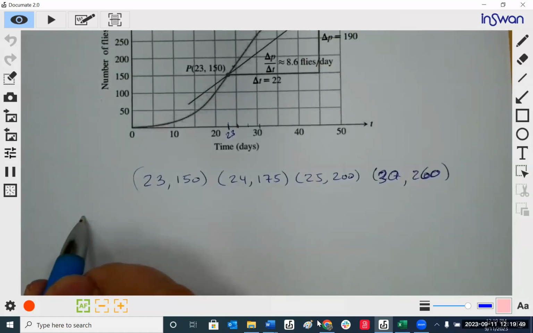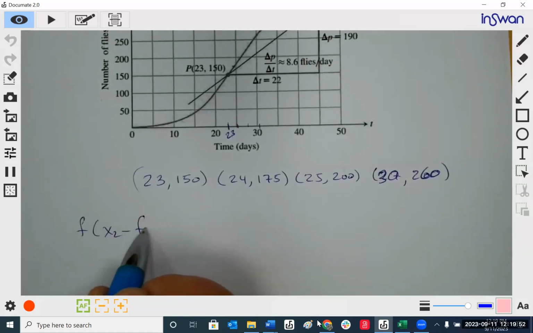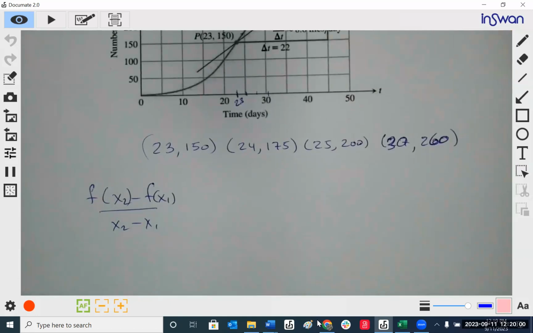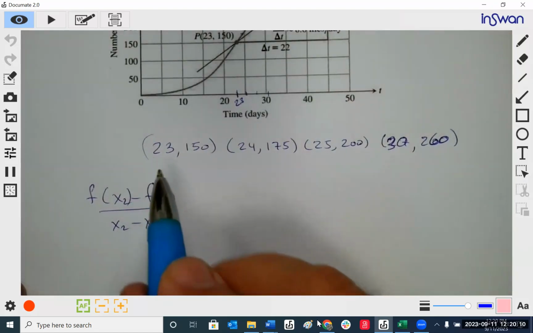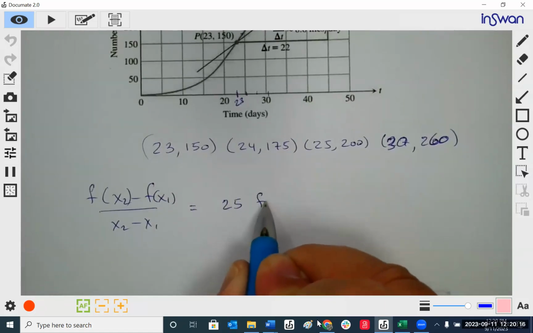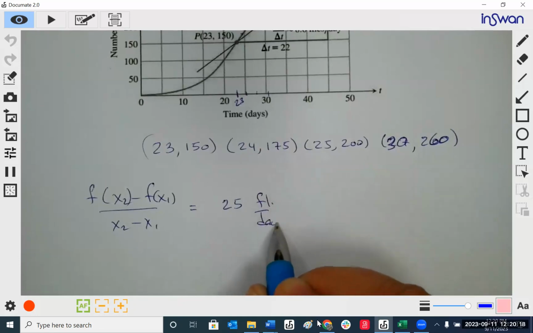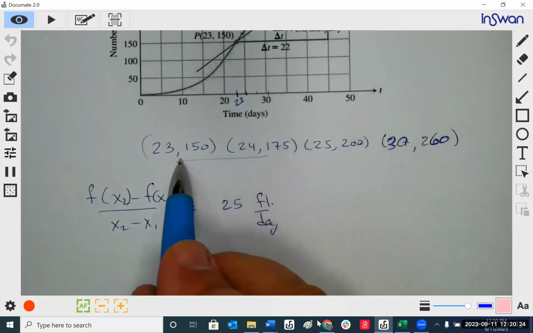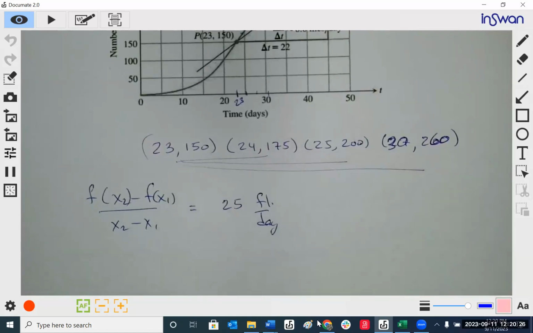All you're really doing here is f of x2 minus f of x1 over x2 minus x1. You're just doing simple slopes. That's between these two, now between these two, then between these two.